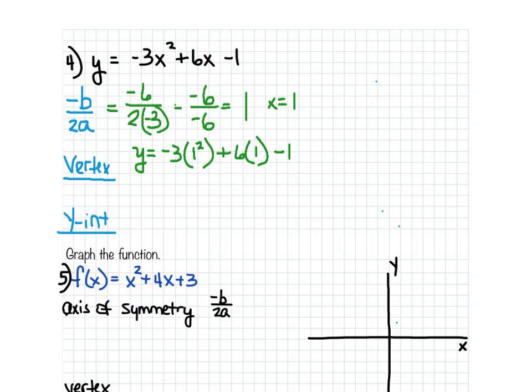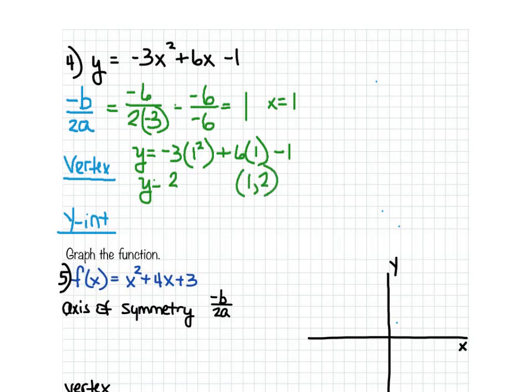Go ahead and complete the arithmetic. So when you finish all of that arithmetic, you'll find that y equals 2. Therefore, our vertex is where x is 1, y is 2. Okay, so that would be our vertex.